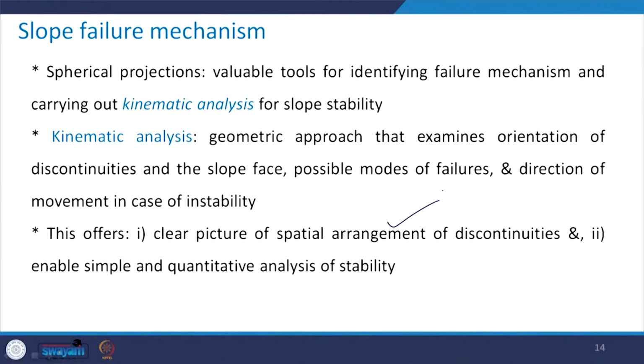Basically, the kinematic analysis offers two things. One is a clear-cut picture of the spatial arrangement of the discontinuities, and rather than going into very tedious mathematical aspects, in a simple graphical manner we will be able to quantify the analysis of the stability of the structure, slopes or tunnels or foundations.